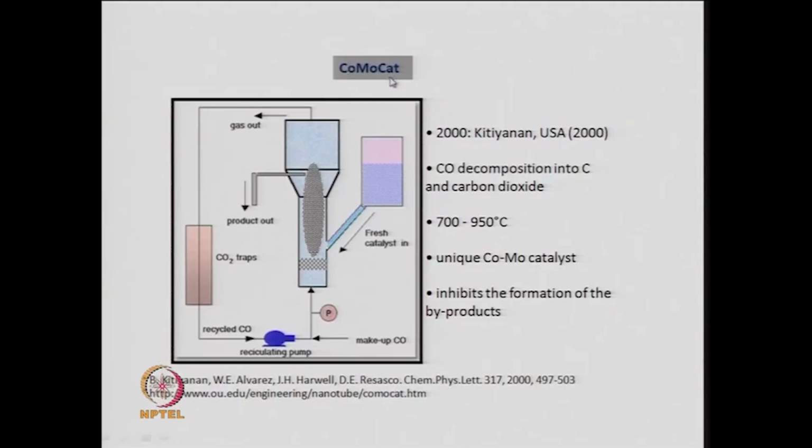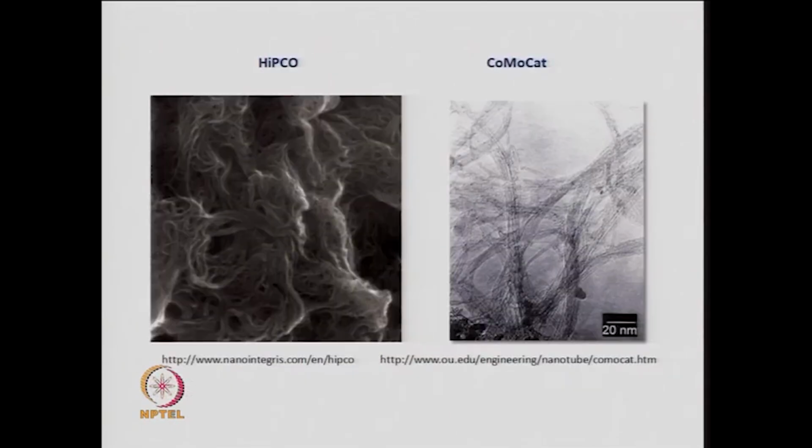So, we have discussed various methods of synthesis of carbon nanotubes. This is the TEM of the carbon nanotubes made by the HIPCO method, and you can see the curvilinear form of carbon nanotubes, and by the COMOCAT method you can see much better quality of carbon nanotubes compared to the HIPCO method.